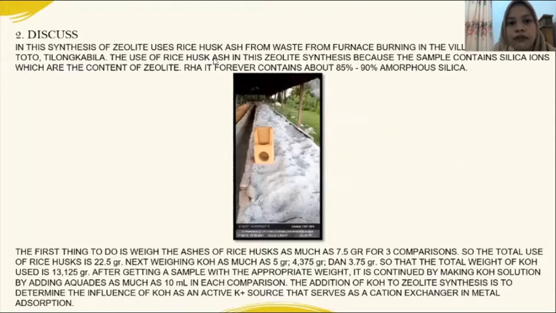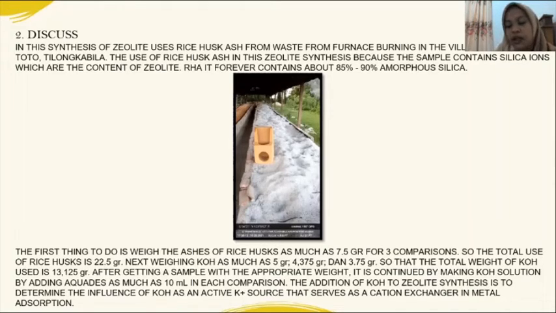The use of rice husk in the zeolite synthesis is because the sample contains silica ions, which are the content of zeolite. RHA contains about 85% to 90% silica.